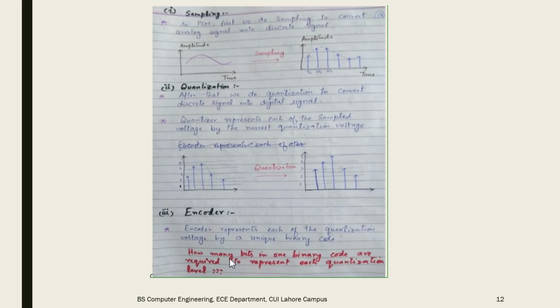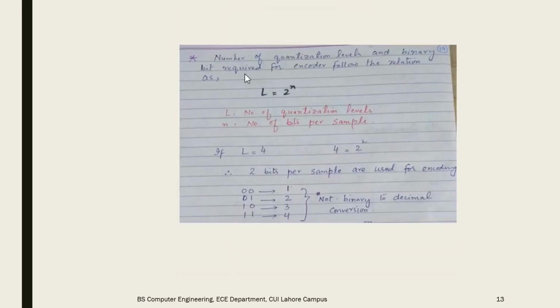So one important question arises here: how many bits in one binary code are required to represent each quantization level? We will answer this question on the next slide. The number of quantization levels and binary bits required for the encoder follow the relation L equals 2 raised to power n. L is the number of quantization levels and n is the number of bits per sample.